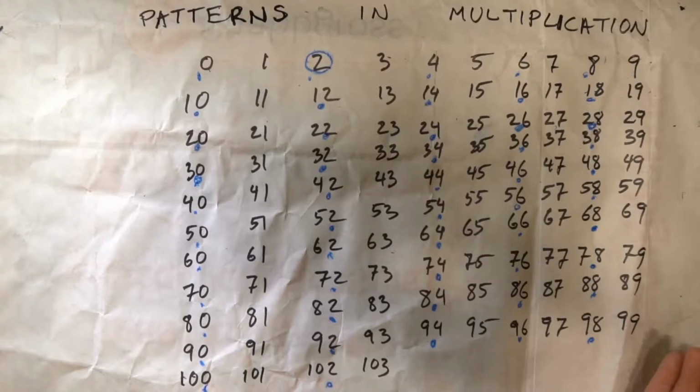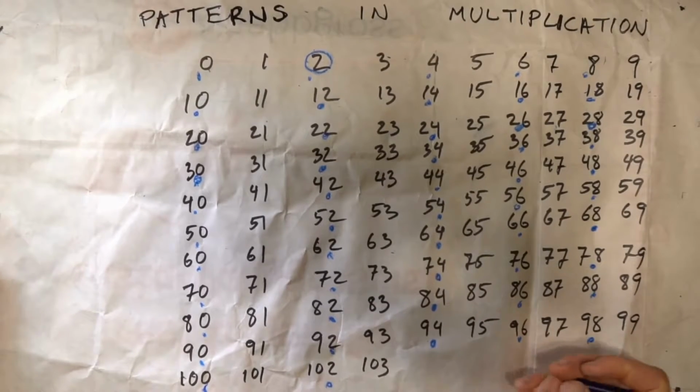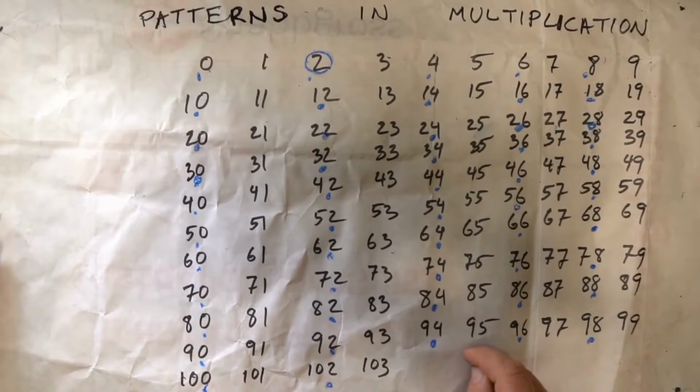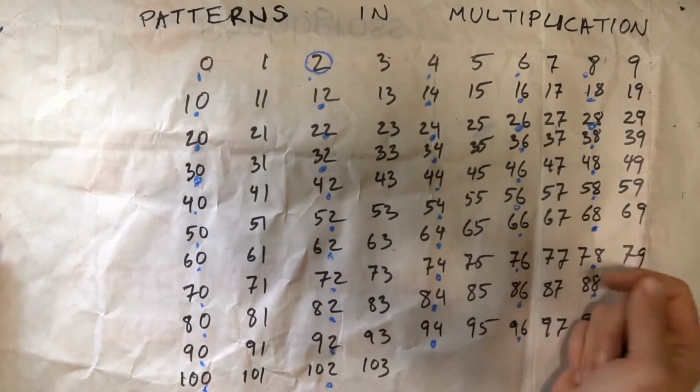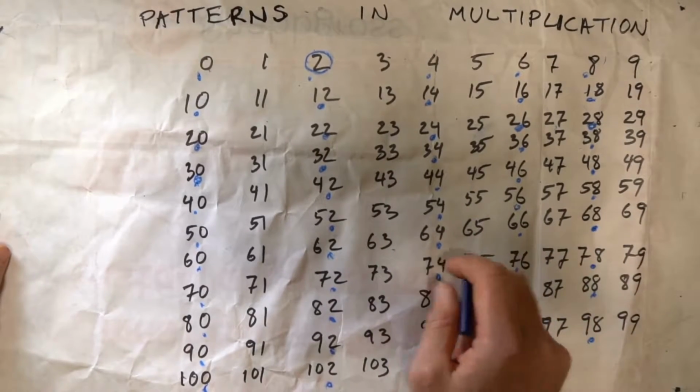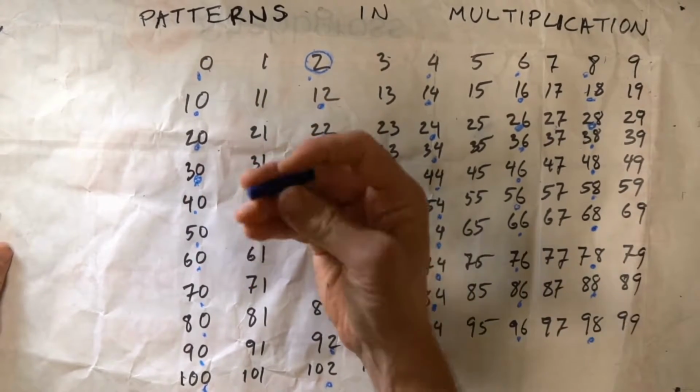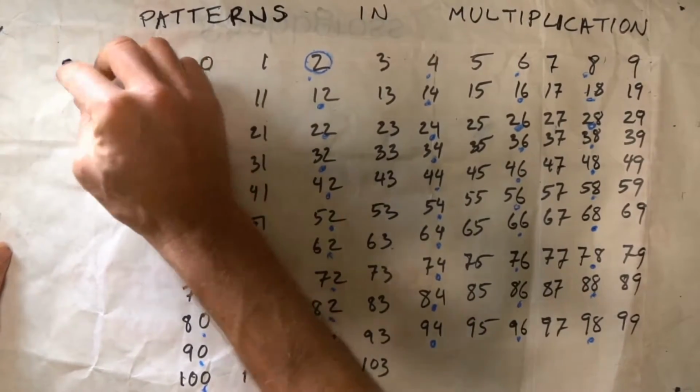And then we've marked everything that is a multiple of 2 in the whole chart here, which is pretty cool. So we're done with this crayon.